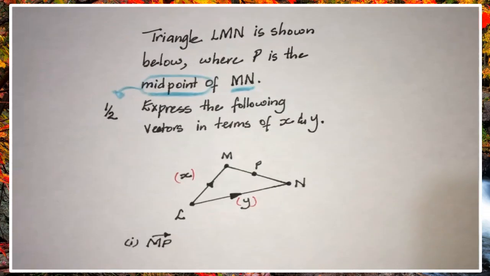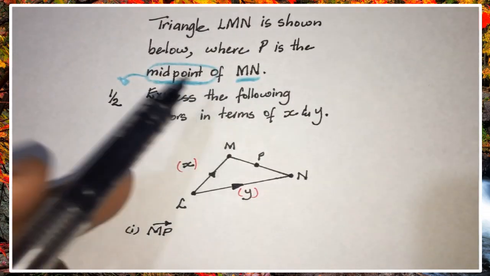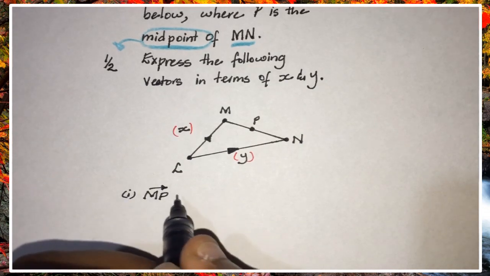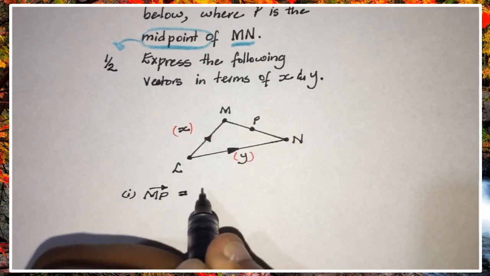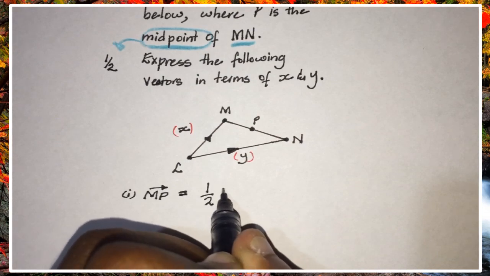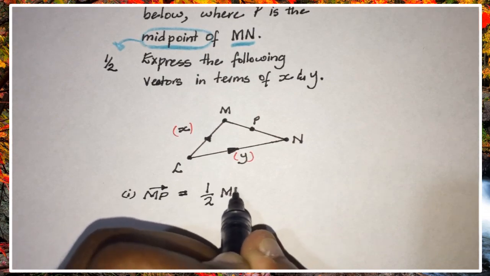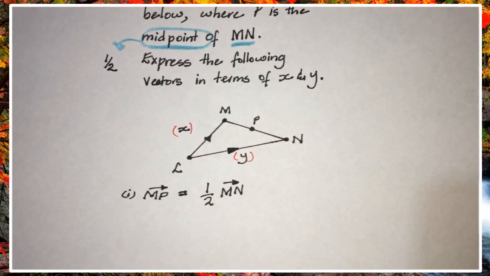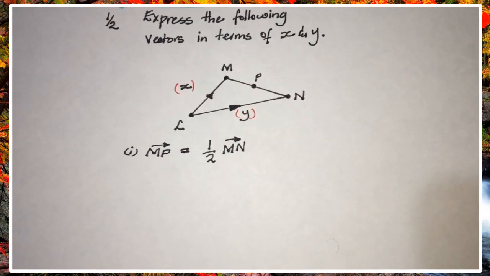Remember, the point P is the midpoint between MN. So that literally means it's going to be half of MN. So I would need to find the vector MN first and then multiply it by a half. So let's find MN. Now we can take that vector map.